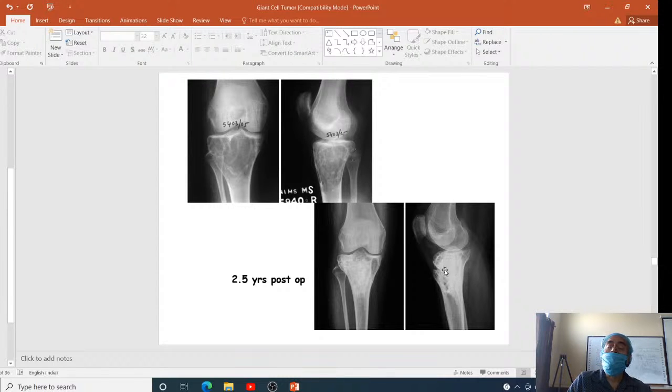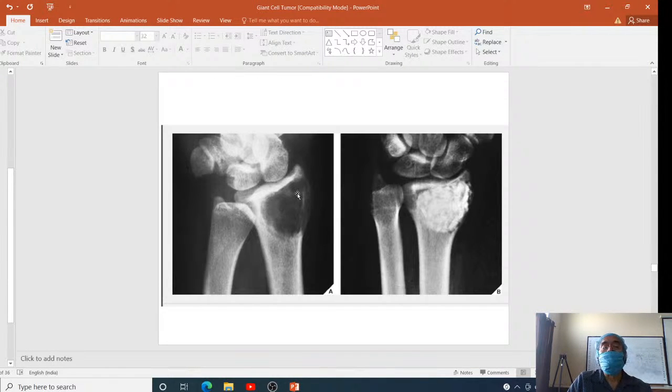This is after more than 2 years of post-operative follow-up. This looks normal. So we look for this appearance. If it is there somewhere, that means there is a recurrence. This is the lower end of the radius, scooped out and filled with bone graft.